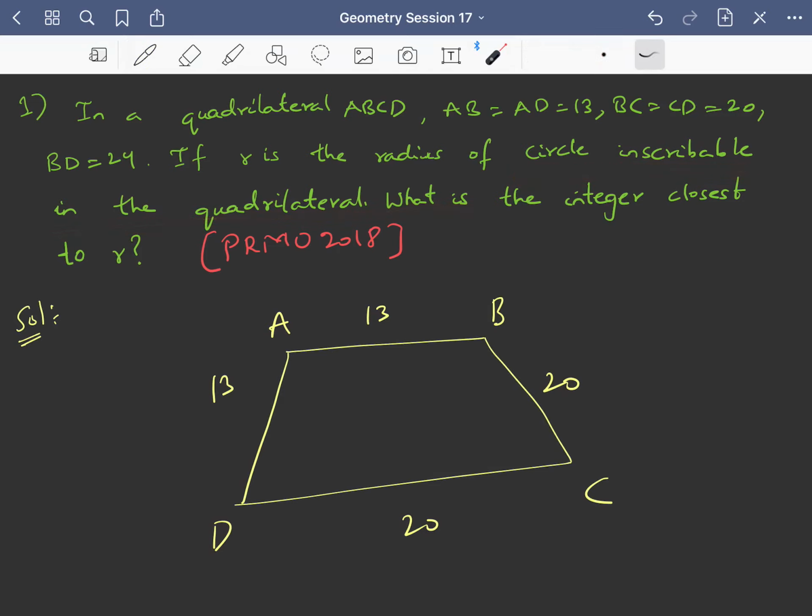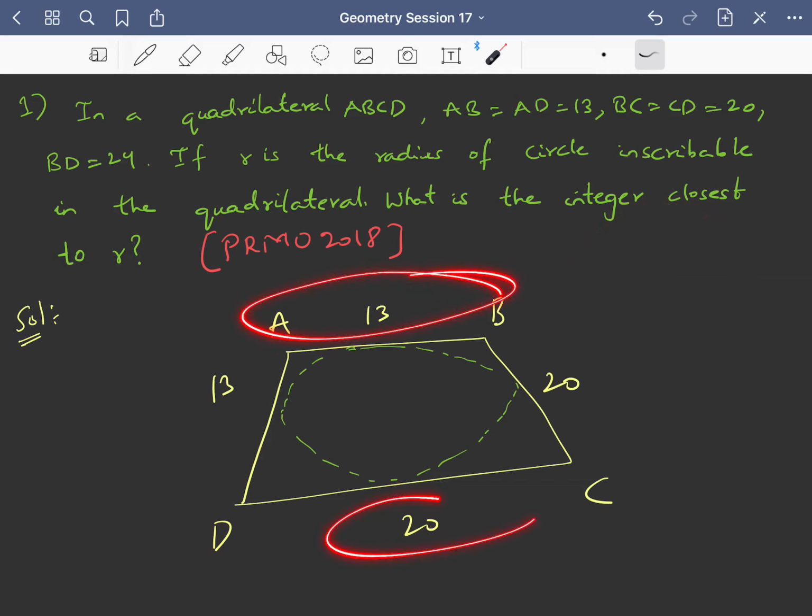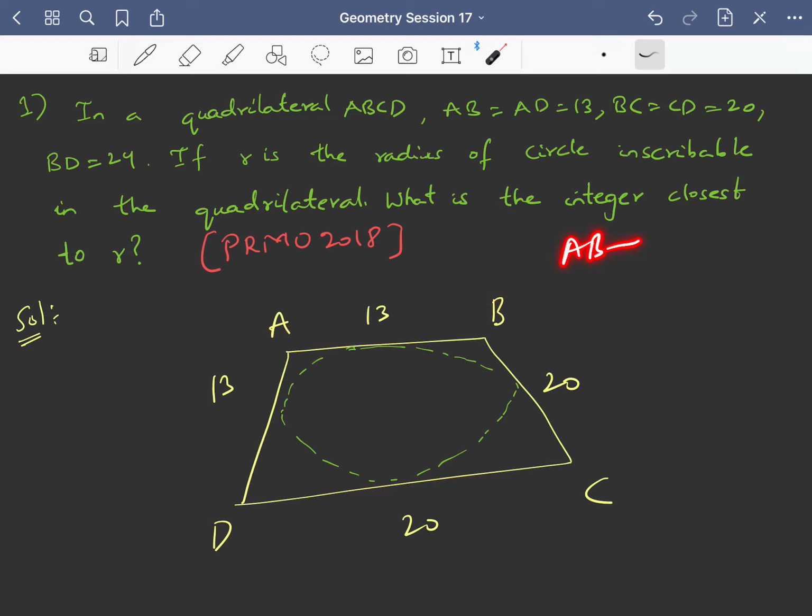What do you mean by a circle inscribable in the quadrilateral? It means it is an incircle which touches all the four sides of the quadrilateral, right? So it would be something like this. So this is a tangential quadrilateral, and also since you have studied the Pitot theorem that a quadrilateral is tangential if and only if the sum of opposite sides is equal, that is AB plus DC is equal to AD plus BC.